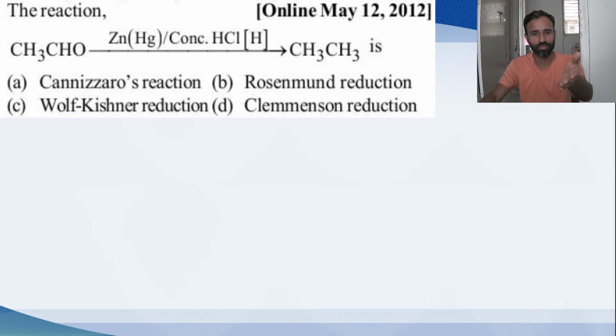We did this just five or ten minutes earlier. Zinc amalgam and concentrated HCl: CH3CHO is converted into CH3CH3. What is the name of this reaction? This is Clemmensen reduction. Very good, beta. It is Clemmensen.